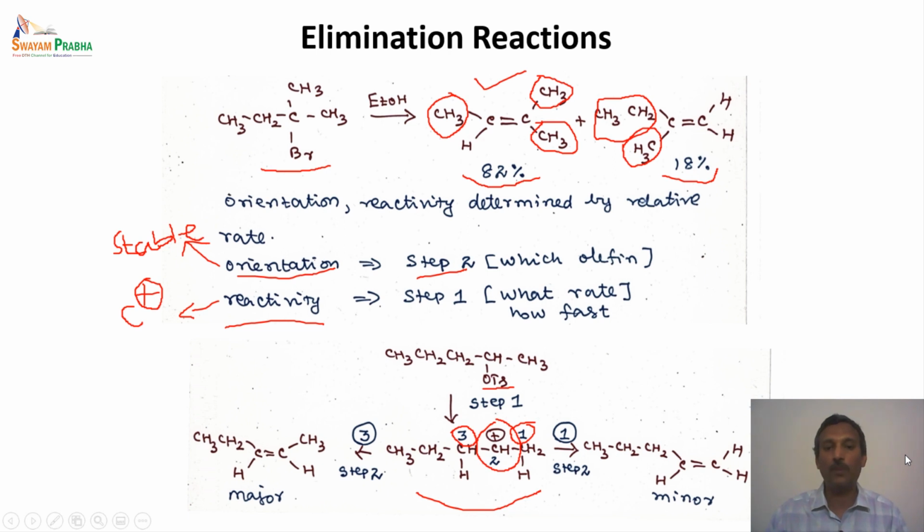So whatever is applicable for OTs in this particular case is also applicable for halides. So the carbocation can give a minor isomer if it undergoes elimination from this side, from carbon number 1, and it forms the major isomer if the elimination occurs from this side. So this is how we can say the orientation of the final product.